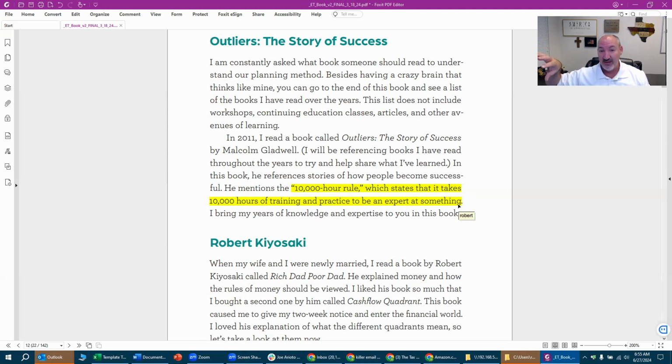Well, guess what? I've spent 20 plus years becoming an expert. I can give you the list of hundreds and thousands of books I've read. Are you going to invest 20 years to build up your own 10,000 hours? Or do you want to just get a cheat code and follow our guidance? Right. And that's what this content is.